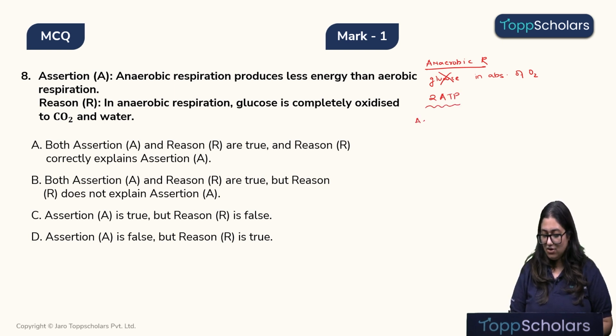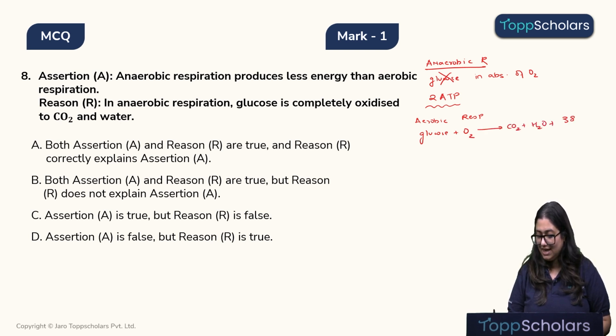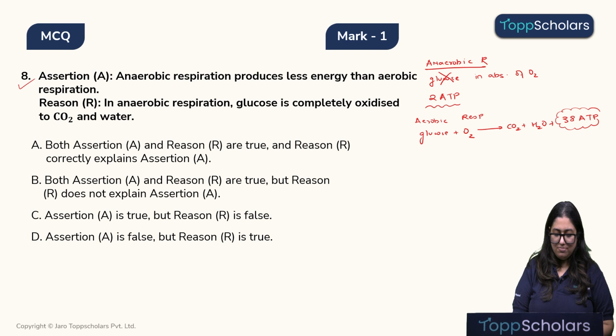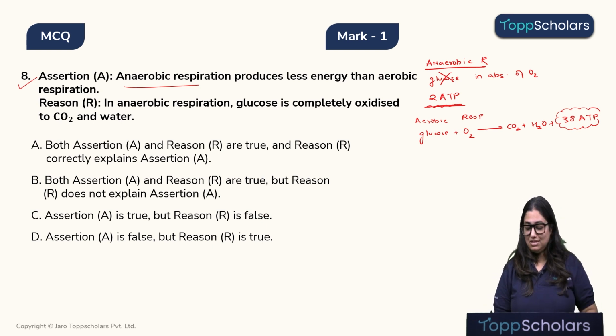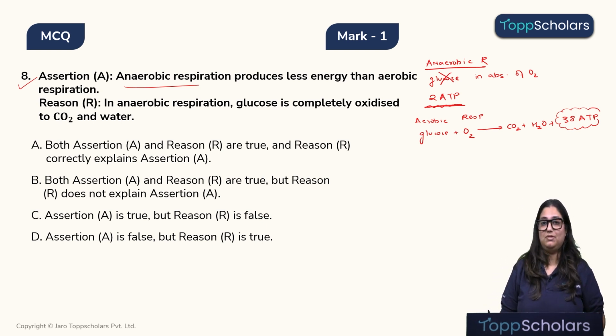Whereas in aerobic respiration, the glucose is broken down in presence of oxygen that produces carbon dioxide, water and 38 molecules of ATP. So obviously children, anaerobic respiration produces less energy, only 2 molecules of ATP, as compared to aerobic respiration that produces 38 molecules of ATP.